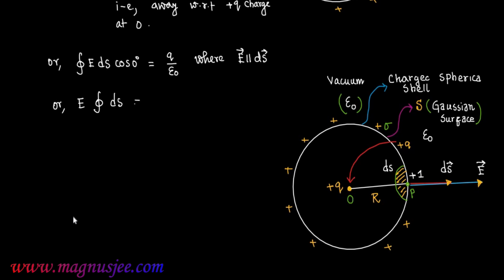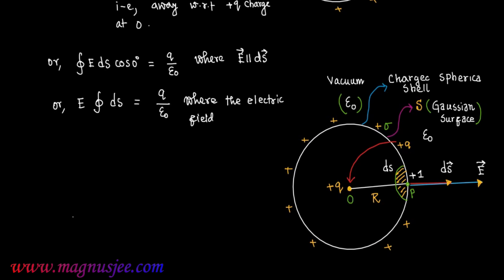E closed integration ds is equal to Q by epsilon 0, where electric field intensity is constant with respect to the spherical Gaussian surface. In this case, for the Gaussian surface, electric field intensity has a fixed value at every point on this spherical Gaussian surface.